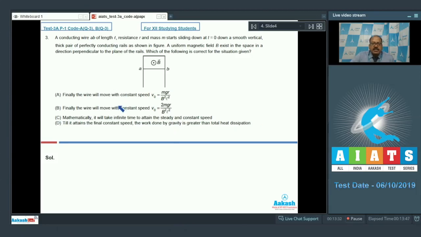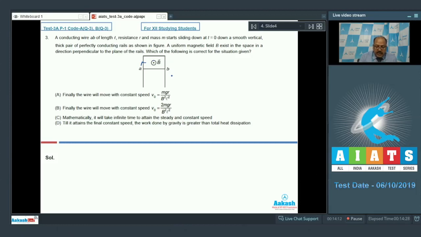The final constant speed that the wire will achieve. Well, what happens as the wire slides down? As the wire slides down, there is EMF being produced because of electromagnetic induction, and we can see that as the wire slides down because of the force of gravity, the flux will start increasing, and by Lenz's law a current will be induced so as to oppose that increase in flux, which means the current will be in the clockwise sense, right?